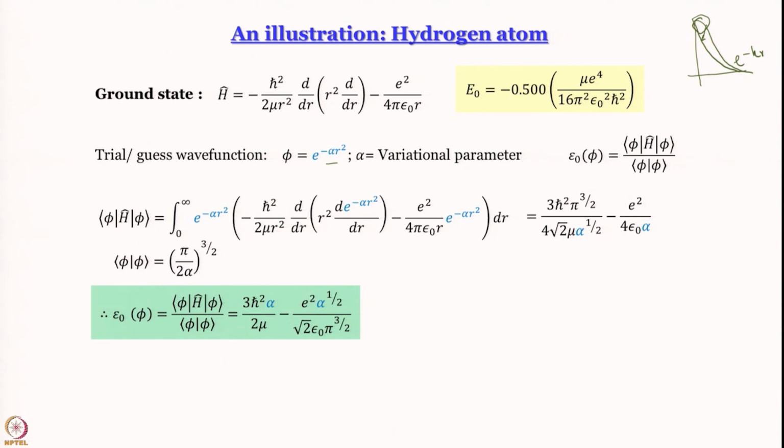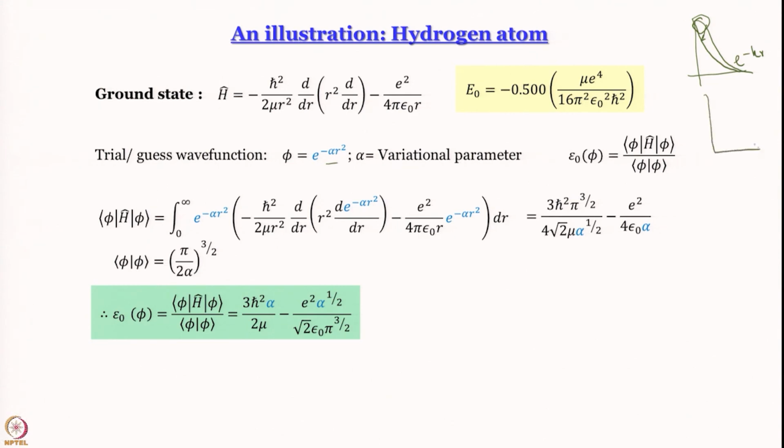What is the next step? What am I looking for? I am looking for the minimum value of epsilon 0. How do I change the value of epsilon 0? The only thing that I can play around with here is alpha, the variation parameter. So, I keep on changing the value of alpha, and I have to look for the minimum. Even though we have said it earlier, I will draw that curve once again.